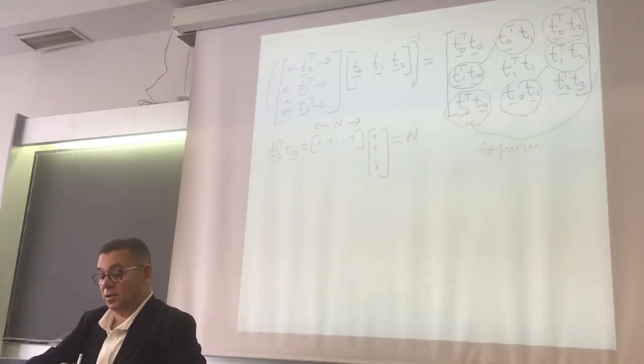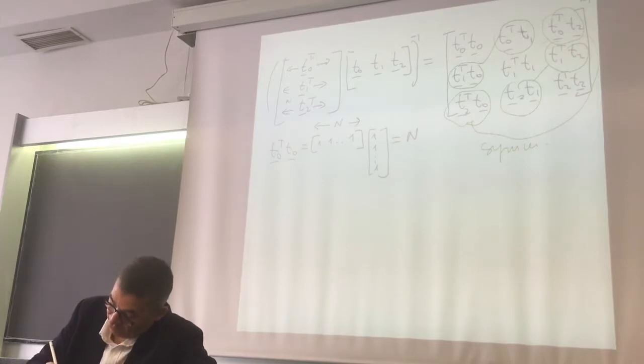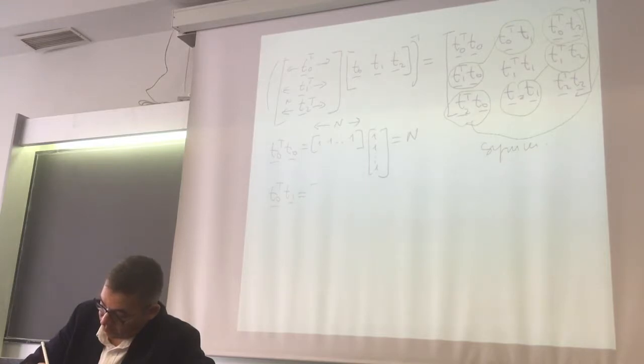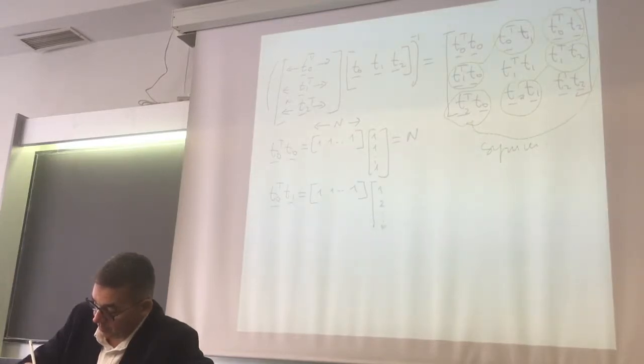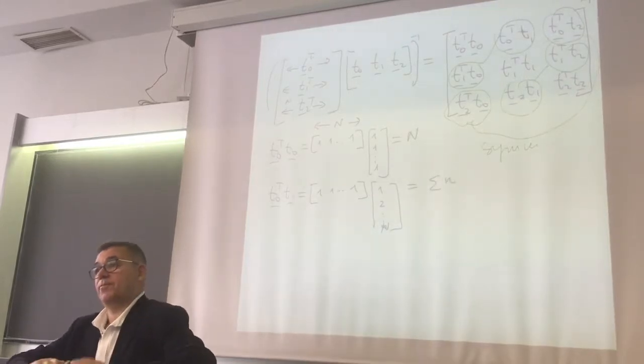Okay. Then I have T0 transpose T1. T0 transpose T1 is 1, 1, 1 multiplied by 1, 2, n, so that is equal to the sum of n.